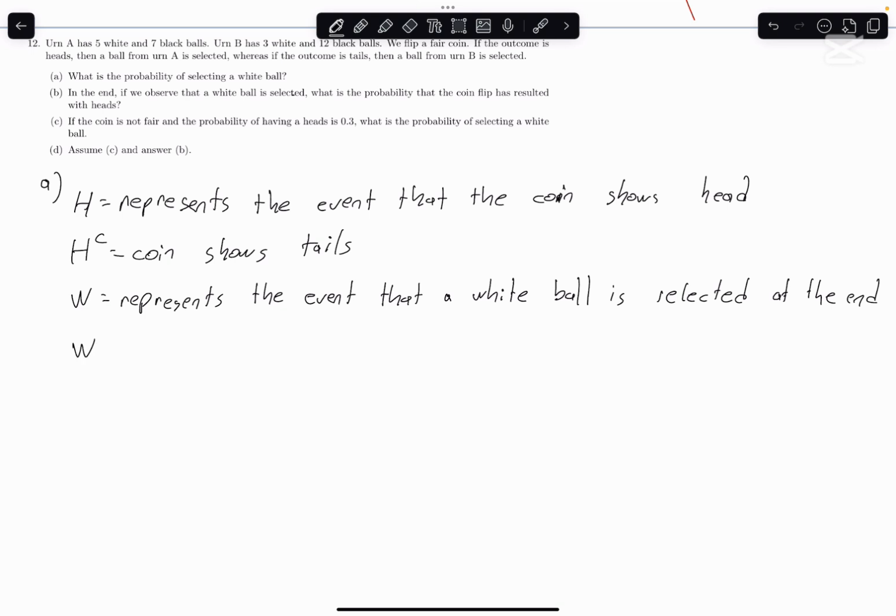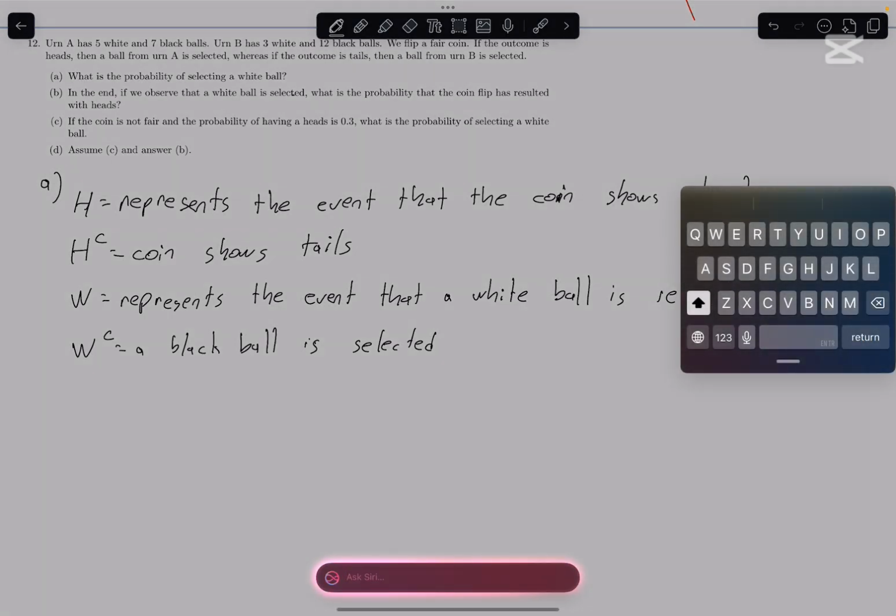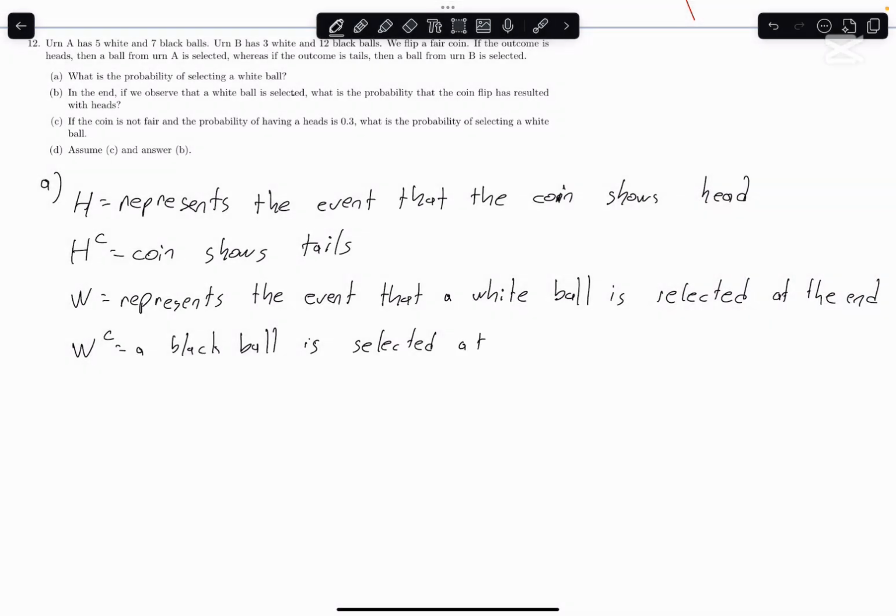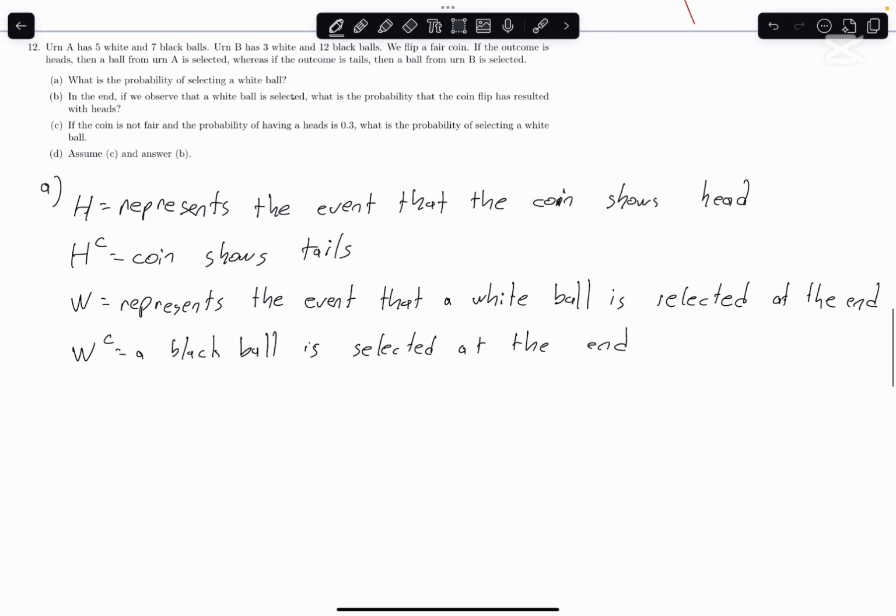And of course the complement will be a black ball is selected at the end. Okay, so it's asked, what's the probability of selecting a white ball?